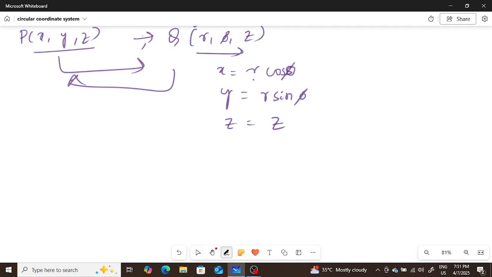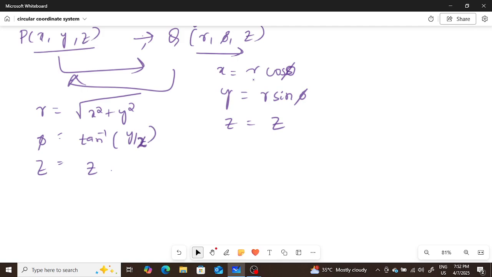Similarly, when the points are given in x, y, z, the Cartesian coordinate system, how do you convert them into r, φ, z? Can you tell me how to get r now? r is nothing but the square root of x squared plus y squared, where φ is tan inverse of y by x, and z is the same for both coordinate systems.